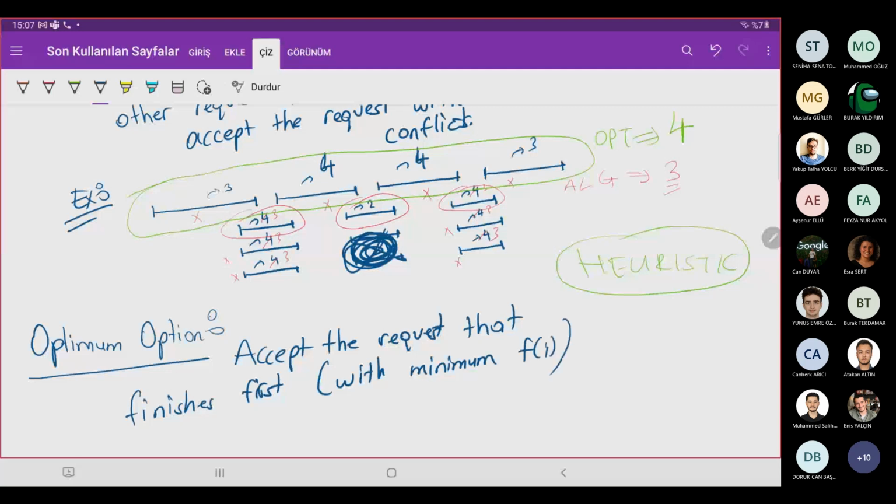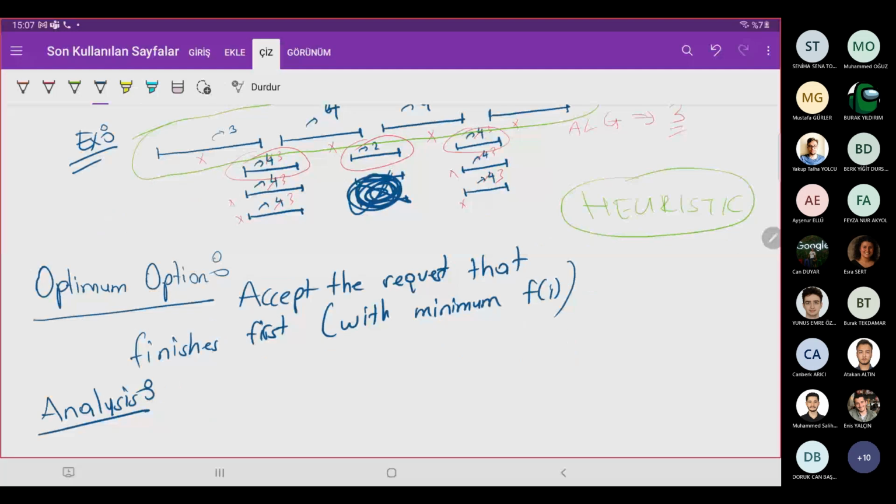It seems strange at first why it gives an optimum solution, but it does. In such cases, in the previous ones, because they didn't give an optimum solution, it was sufficient to give a counterexample. But here, it's an optimum solution. It's good, but we have to prove that it works for all possible instances. So we have to give a formal proof, not a counterexample, okay?